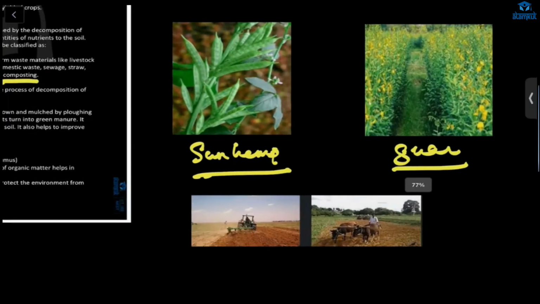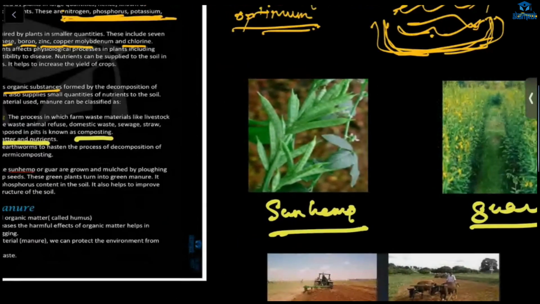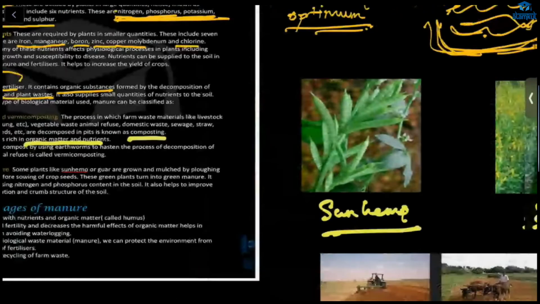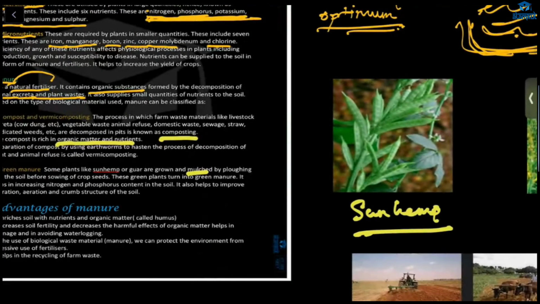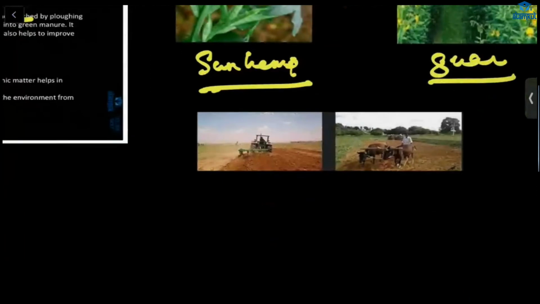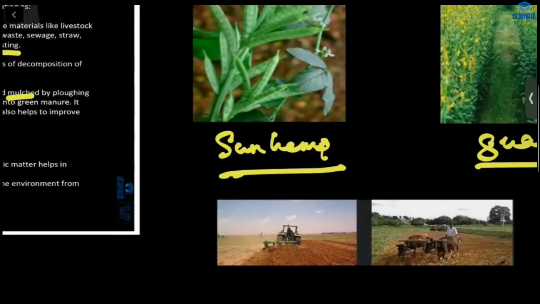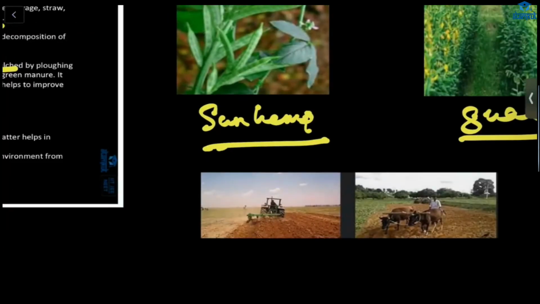Okay. So what will happen here is they are thoroughly mixed. Mulched meaning they are mixed and they are plugged like this. They will die out, they will mix with soil and they will be plugged.